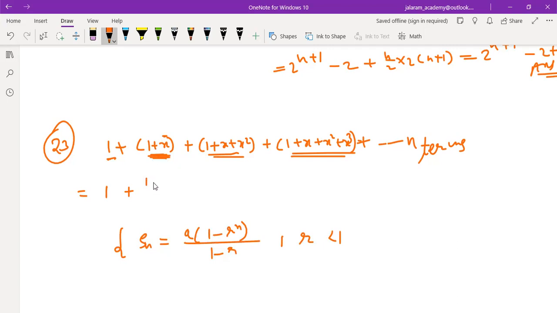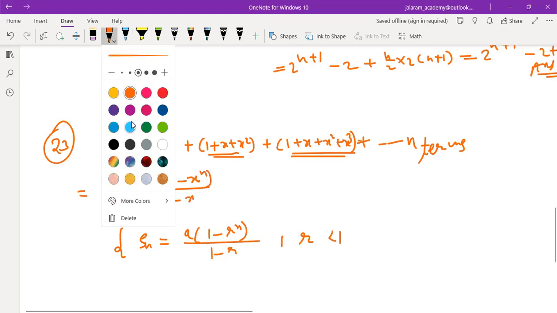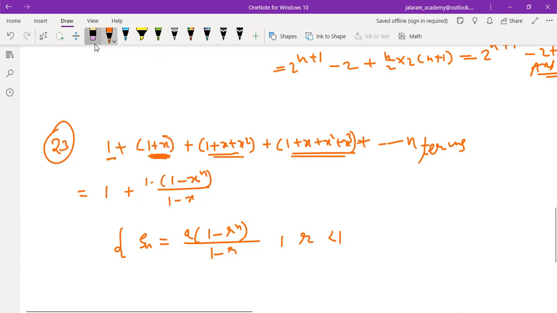So the formula will be a, which is 1, into 1 minus r, which is x, to the power n upon 1 minus x, and the value of n is 2 in this, as there are only 2 terms. So in place of this n, we write 2.